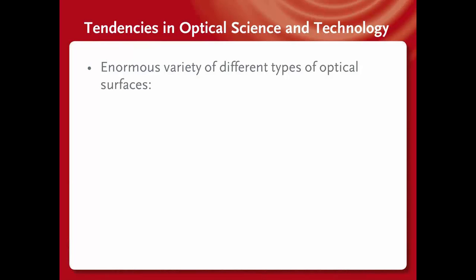Nowadays, you can find a huge variety of different types of optical systems, and these different optical systems in general can be described by a sequence of optical interfaces and subsequent media in between.